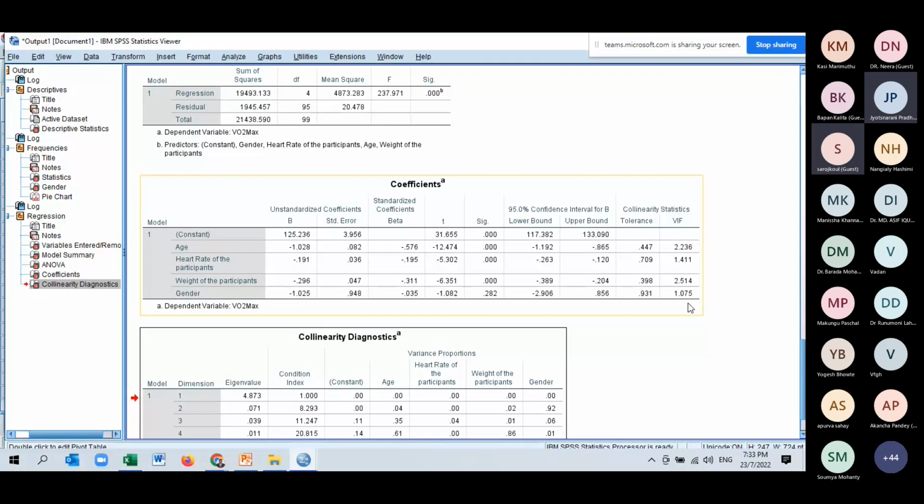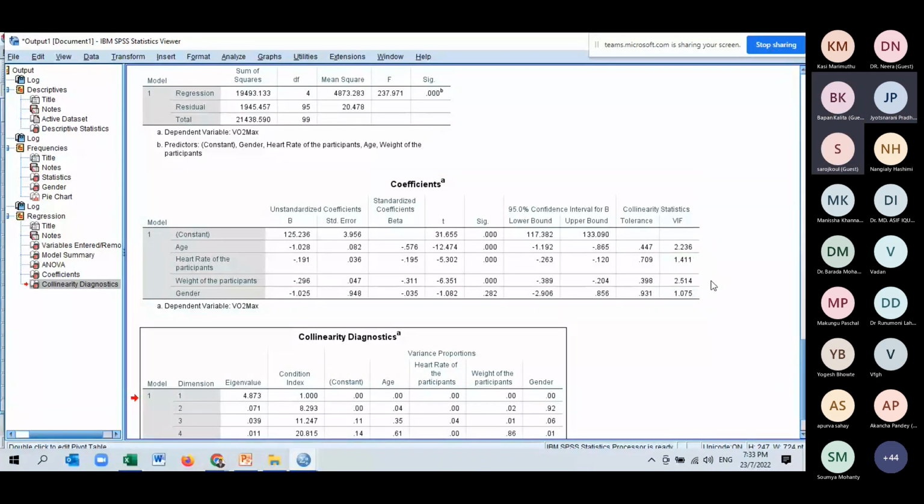This is what we expected. This is one of the assumptions, and it is fulfilled. The independent variables are related with the dependent, but not highly correlated with each other. So based on these two, we can discuss multicollinearity.